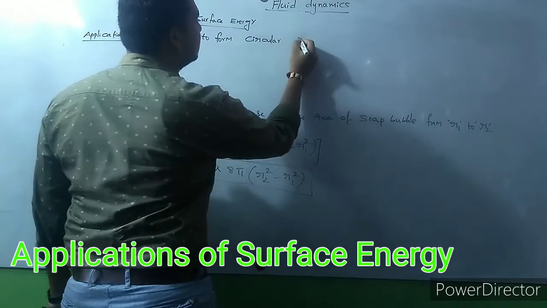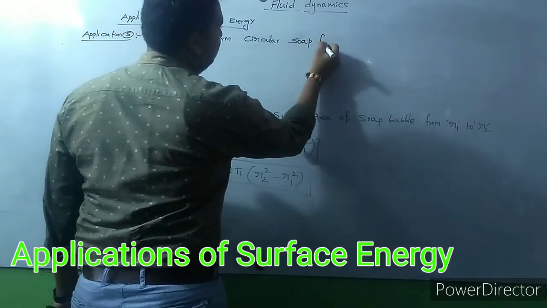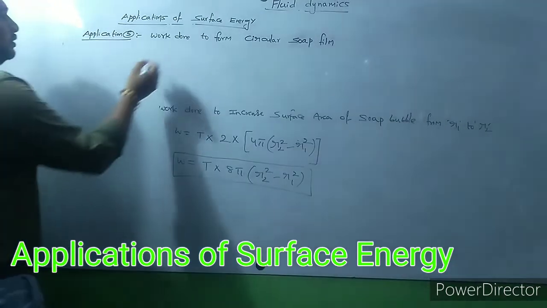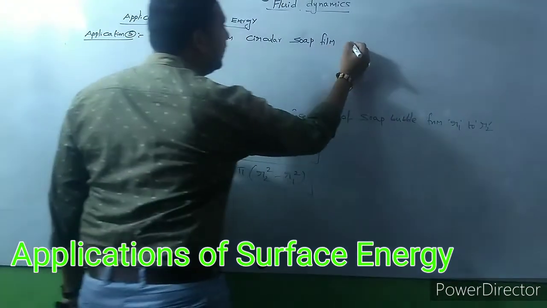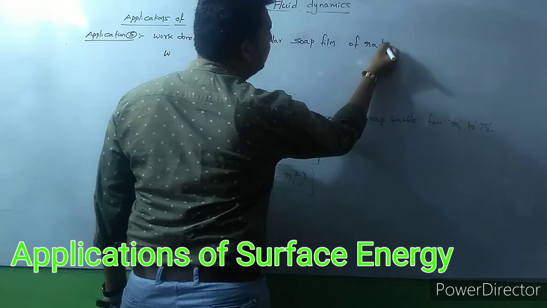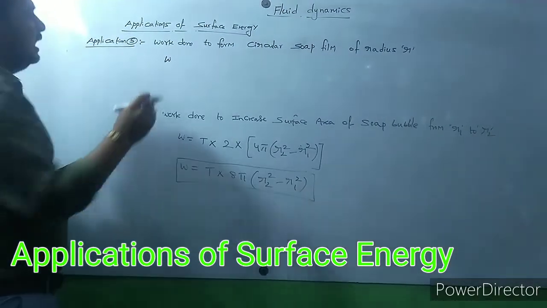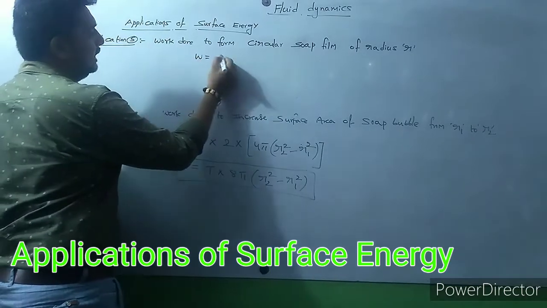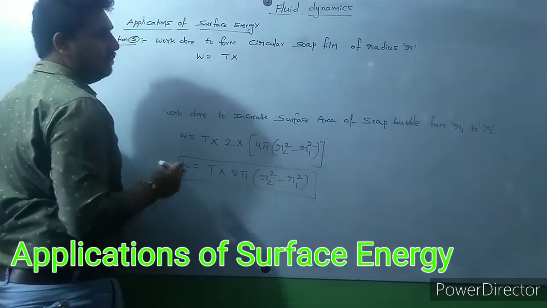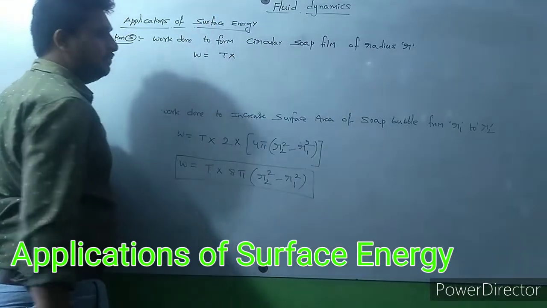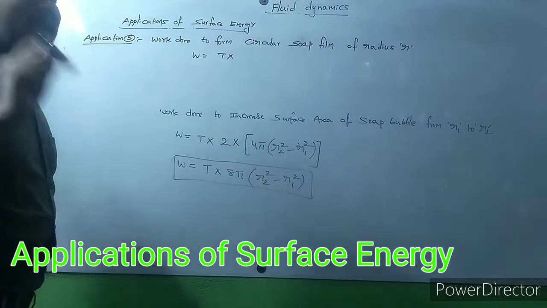Otherwise, you take a circular soap film. Work done to form a circular soap film. The formula of radius is very easy. What is the formula here? W is equal to T into surface area. What is the surface area of a circle? The surface area of a circle is pi r square.